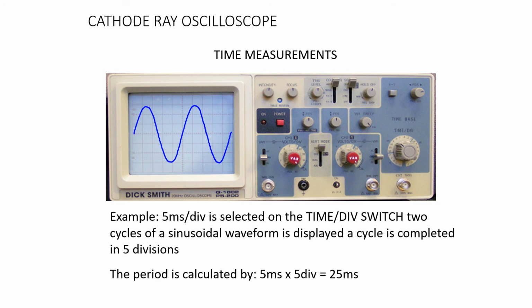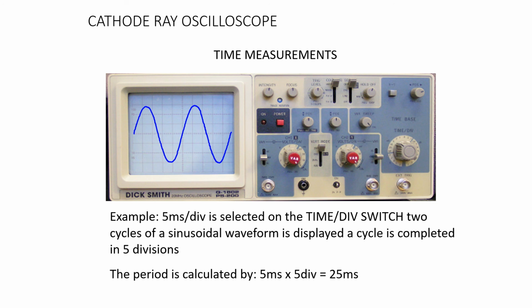We can use a CRO for measurement of current, voltage, power, frequency, to measure the phase of a sine wave, to measure the time period, and to measure the depth of modulation. You can find out the pulse parameters. We can measure radio frequency, intermediate frequency, and audio frequency signals. You can see a composite synchronized TV signal.